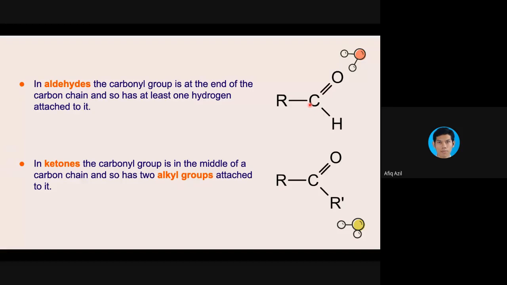If it is at the end of the chain, then it is an aldehyde. But for a ketone, the position of the C double bond O is in the middle, between two carbons. There must be a carbon on each side.